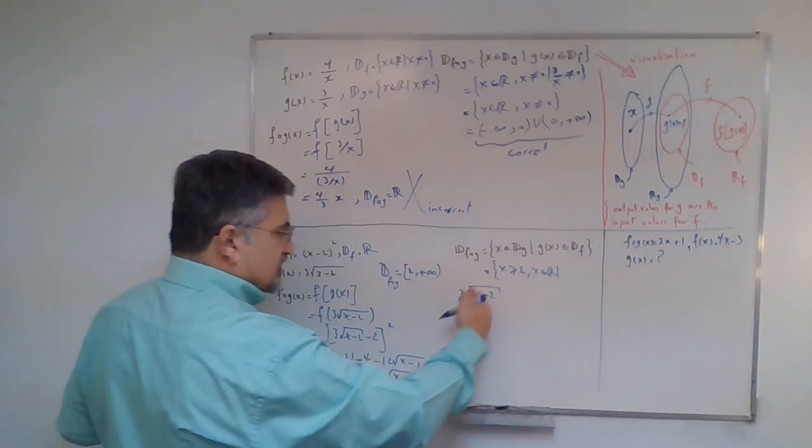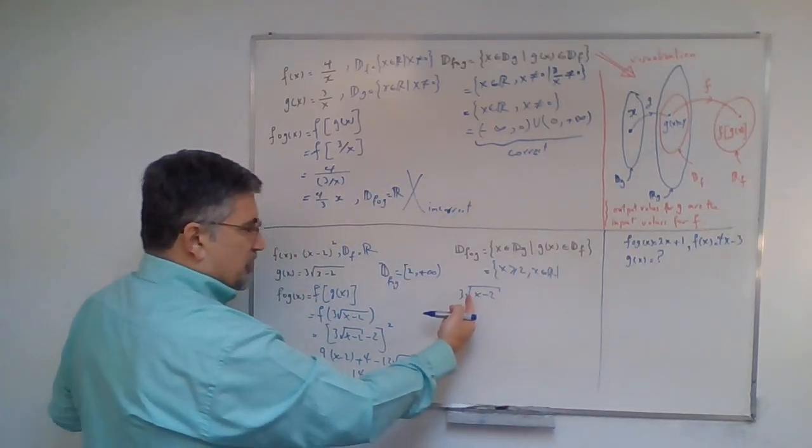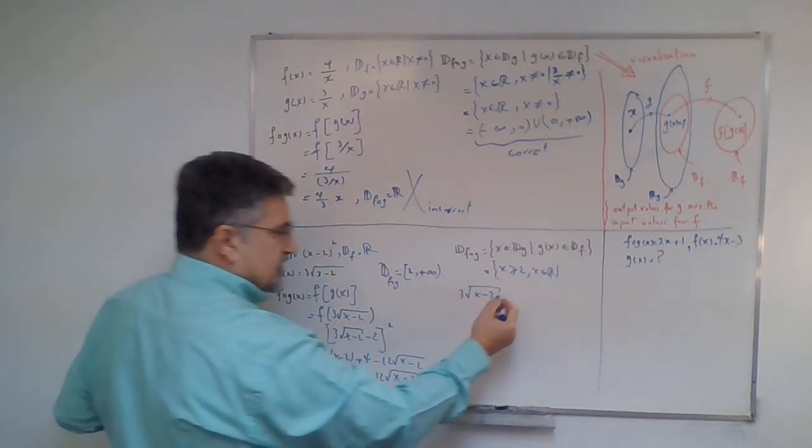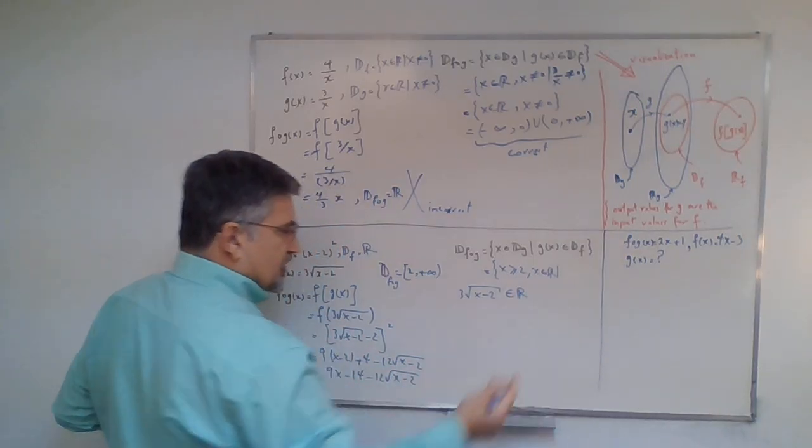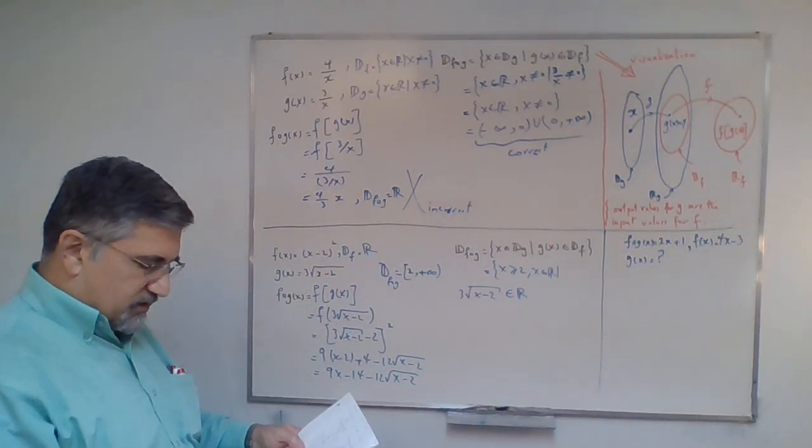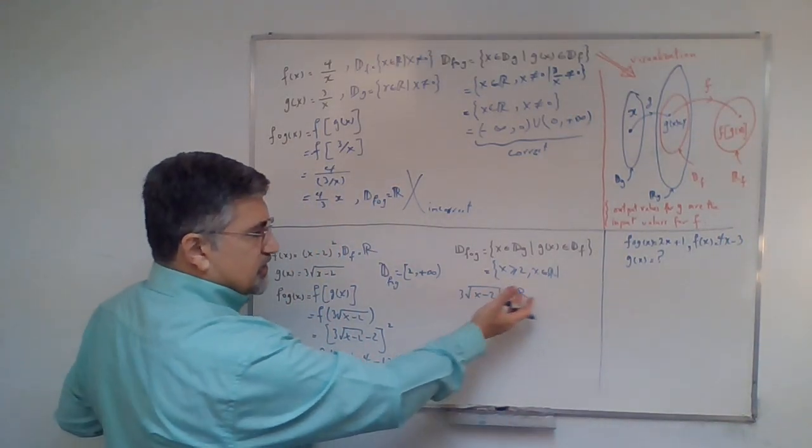So when we say this expression, g of x, must belong to the domain of f, it means that this has to be a real number. And I think it is very clear that it is a real number.